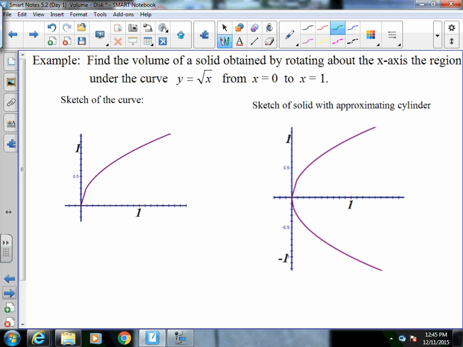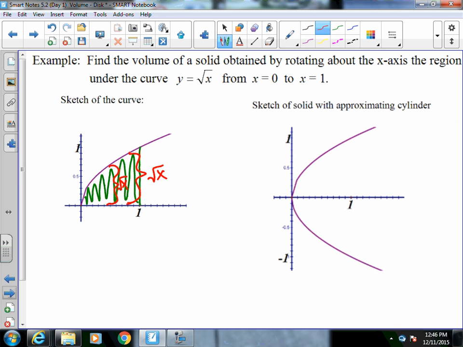For example, it says find the volume of the solid obtained by rotating around the x-axis the region under the curve y equals radical x from 0 to 1. We're talking about this section right here. The distance from here to here is radical x, because that's our equation, and that's true everywhere.